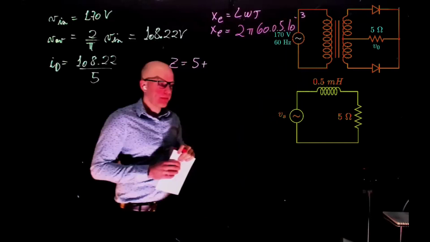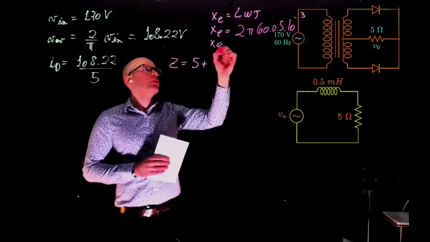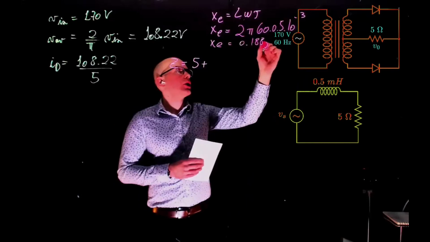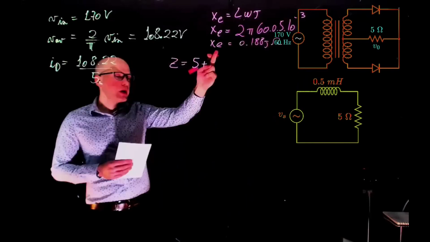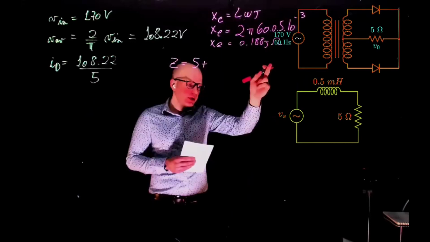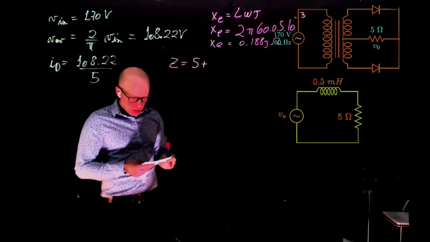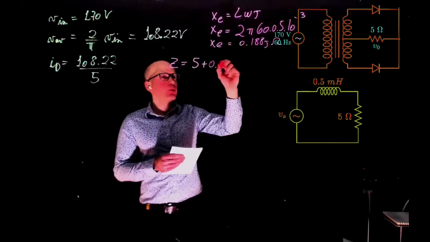And this is 0.188 J ohms. This is the reactance of the inductor at 60 Hertz, given 0.5 millihenry. So our total impedance is 5 plus 0.188 J ohms.